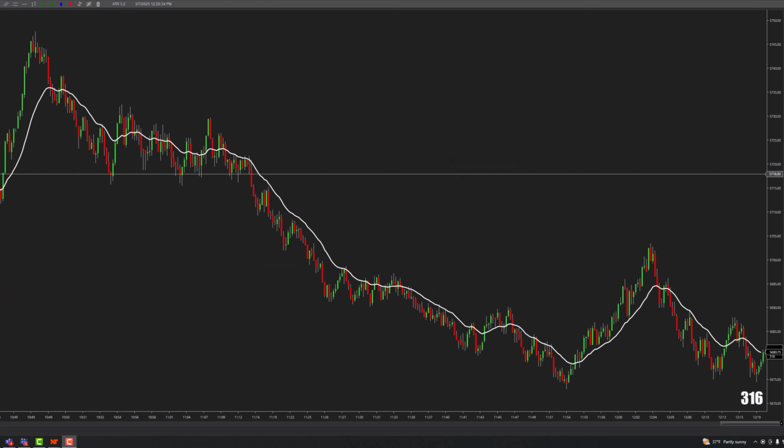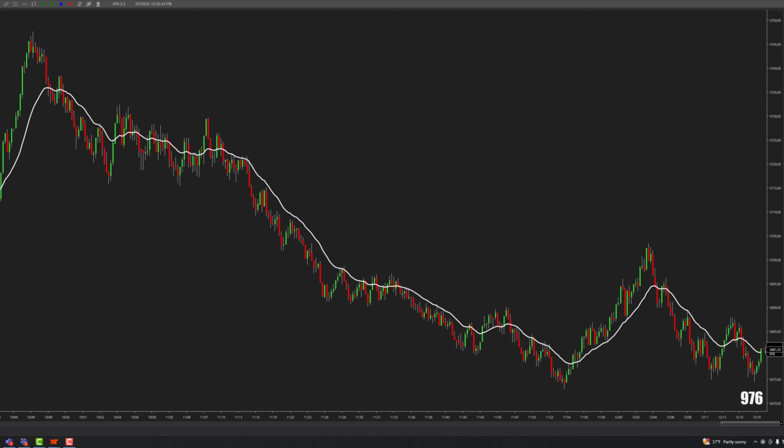Here's the thing that people don't understand when we're talking tick charts or charts in general, because this maintains whether we're talking a day chart, an hour chart, a time chart, whatever kind of chart.